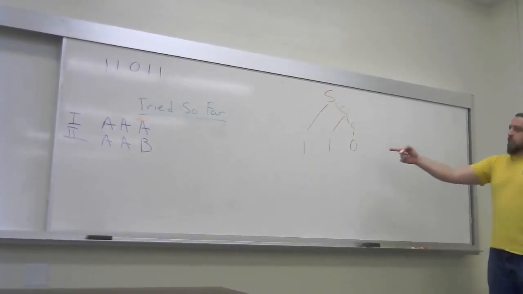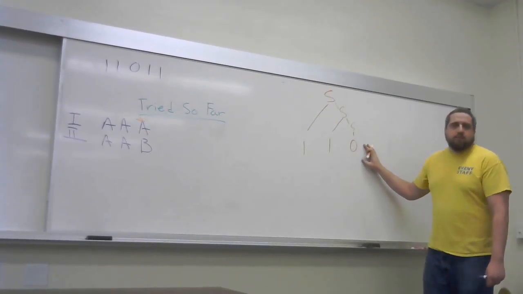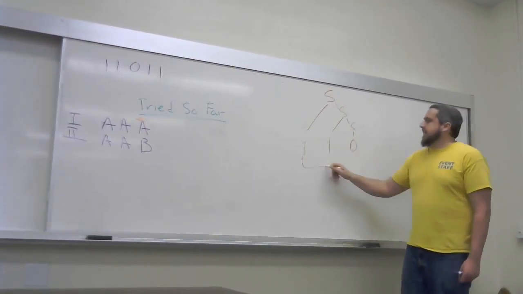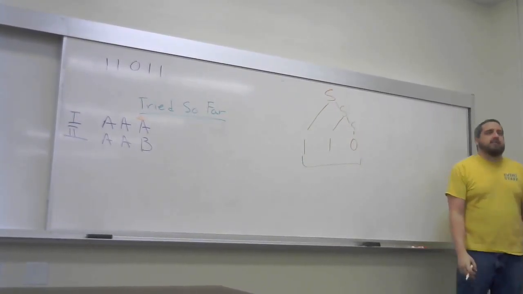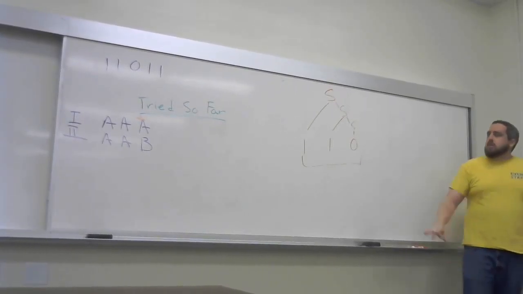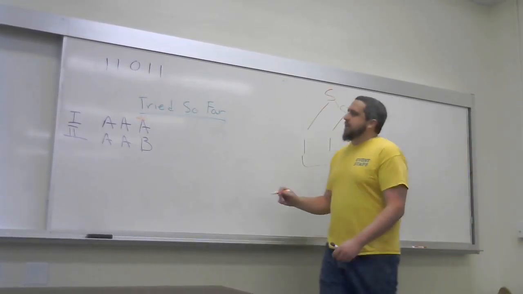So we say, great, the 1, 1, 0 matches, but now can we apply any more rules? And the answer is no. So we take that entire sentence and ask, is that entire sentence that entire sentence? No. So that fails. So we fail this B.